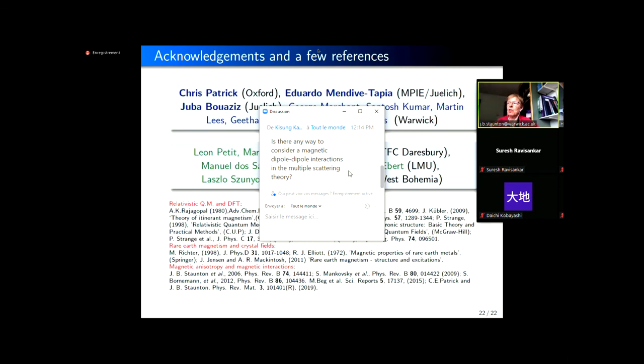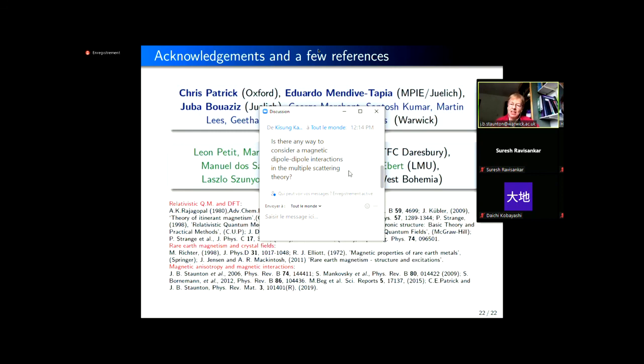What one can do is write down the expression for the magnetic dipole-dipole interaction, and then look at the structure constants from multiple scattering theory when you take the energy in your free electron propagation to zero.